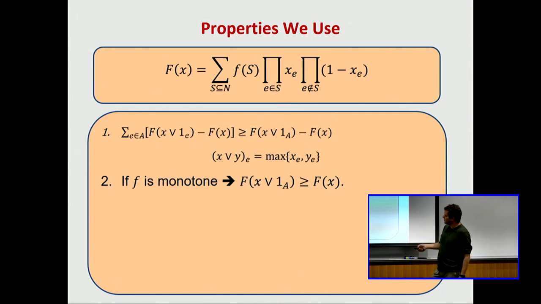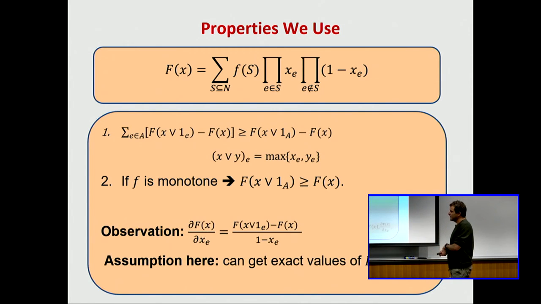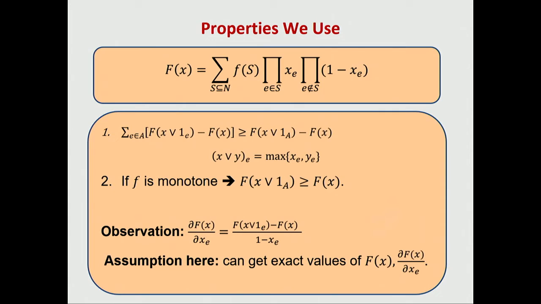If F is monotone, then adding more elements will not hurt you. This we will use. And then if you manipulate the function, you see that the derivative with respect to xe is just the marginal value of adding the element divided by how much you are left to add.